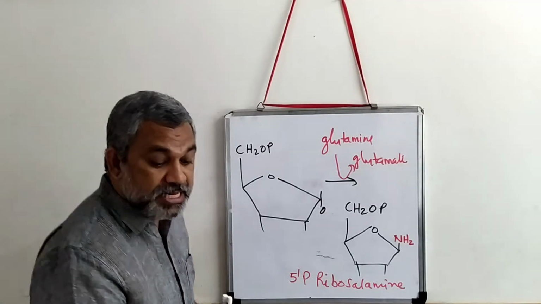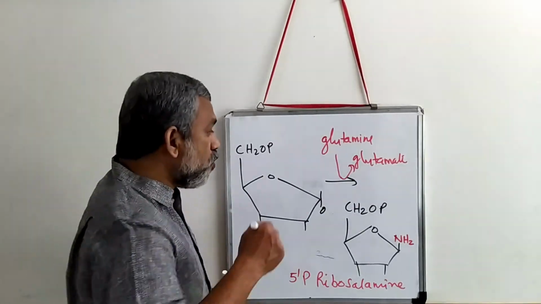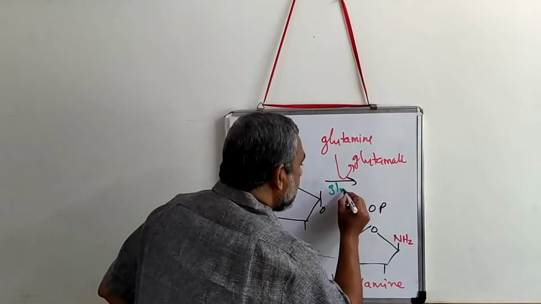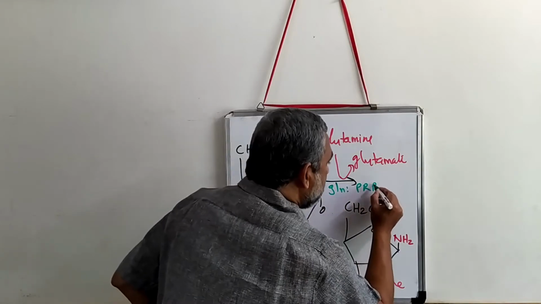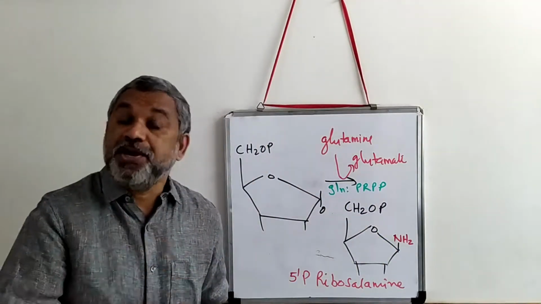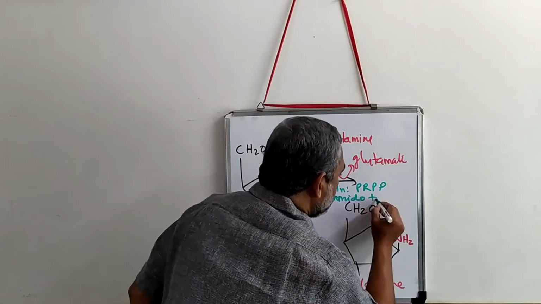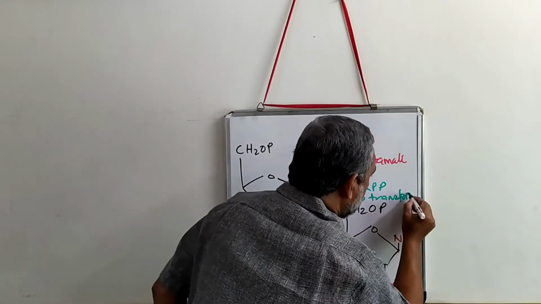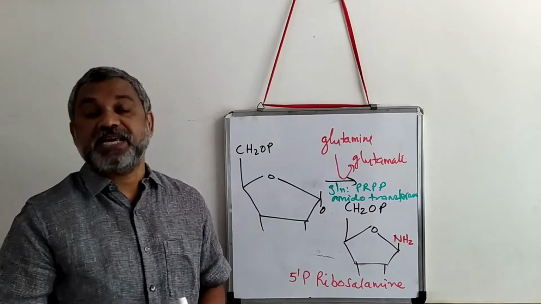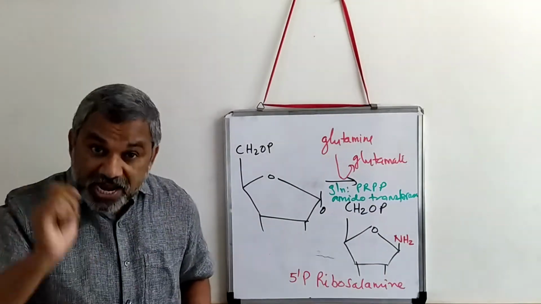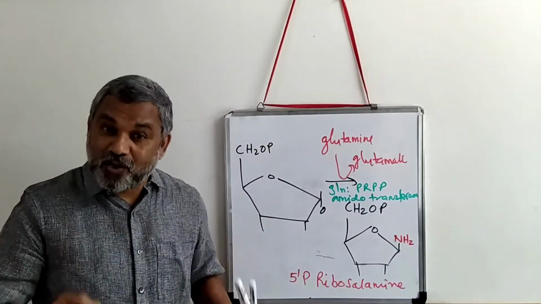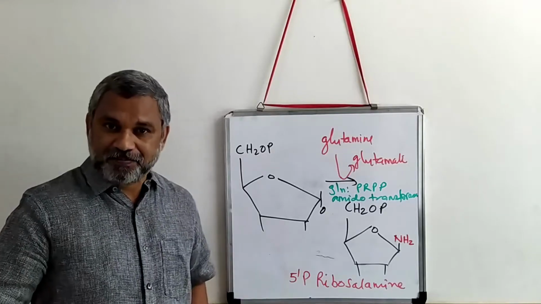This is catalyzed by an enzyme known as glutamine PRPP amidotransferase, a very important enzyme. Amidotransferase is another regulatory enzyme in the case of purine synthesis.